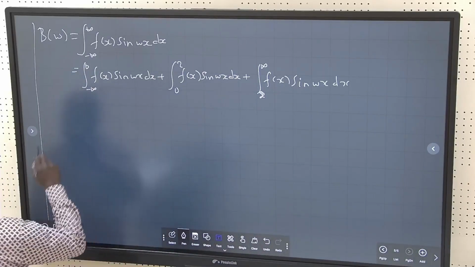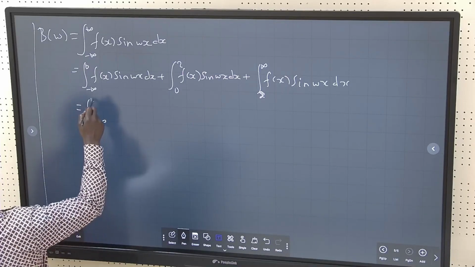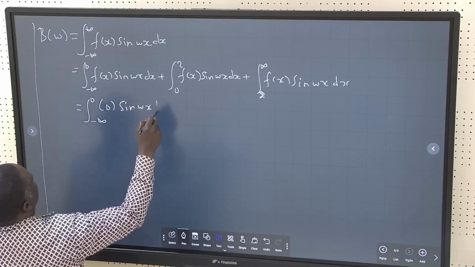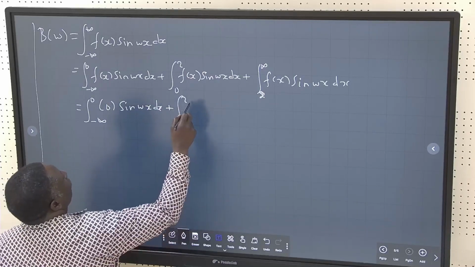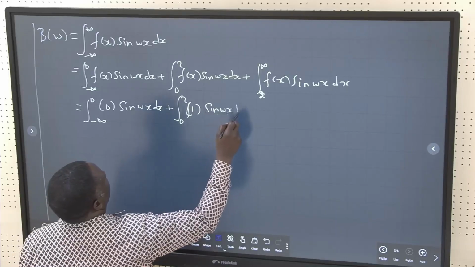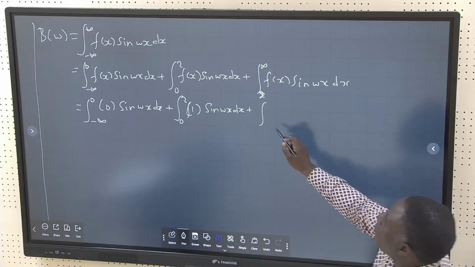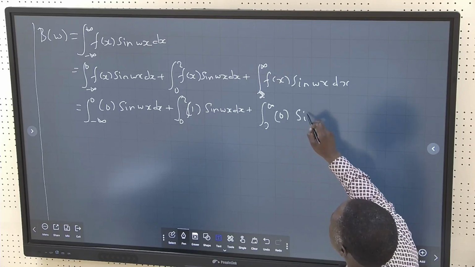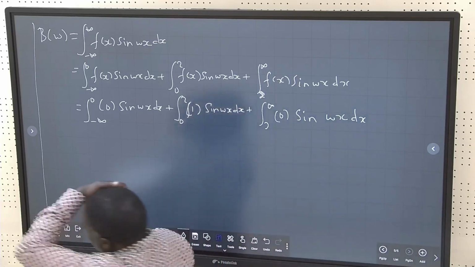Now we know the intervals. From negative infinity to 0, the value of f of x is 0, multiplied by sine omega x, plus from 0 to 2, the value of f of x is 1, multiplied by sine omega x with respect to x, plus from 2 to positive infinity, f of x is 0 multiplied by sine omega x with respect to x.